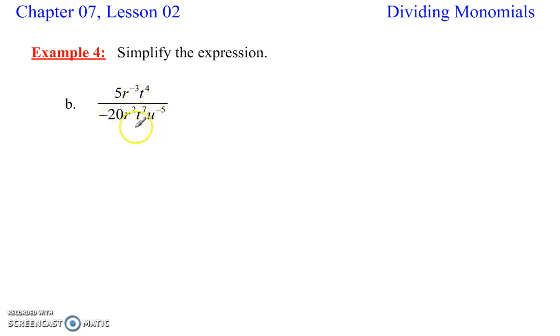Okay, here, there's a lot of moving around to do and a little bit of canceling. So I can move the r to the third down, leave the numbers as they are, leave the t to the fourth, r squared stays in the denominator, t to the seventh stays down here, and then I'm going to move the u to the negative fifth up to the numerator.